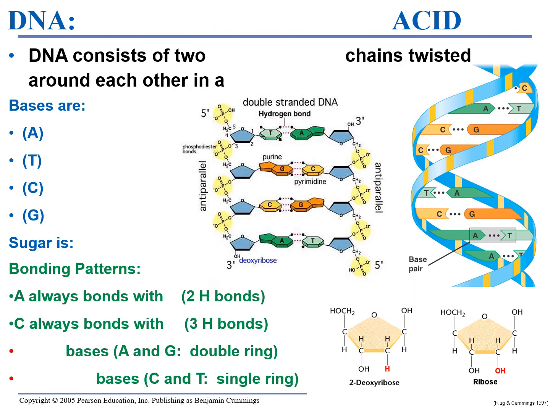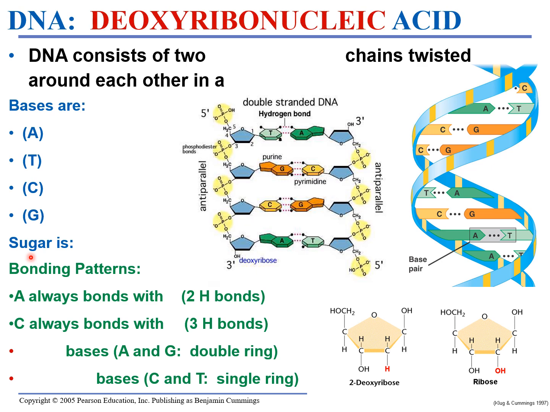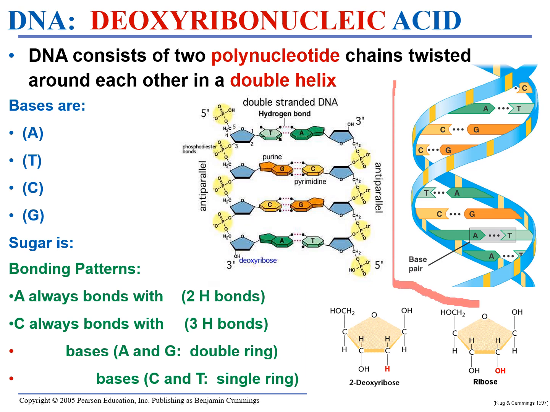DNA is deoxyribonucleic acid. DNA consists of 2 polynucleotide chains twisted around each other in a double helix. You can see that right here in this image. And this is one of your helix chains.